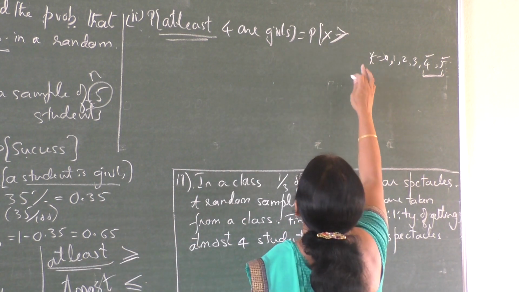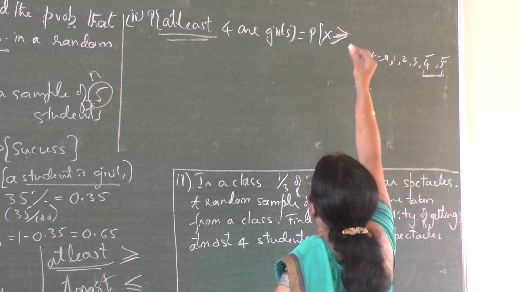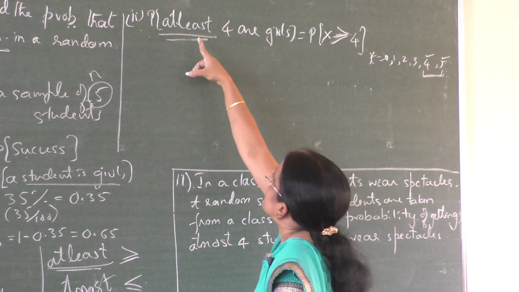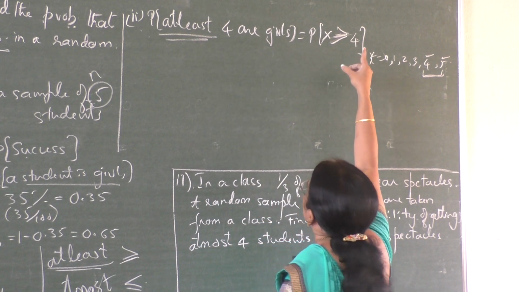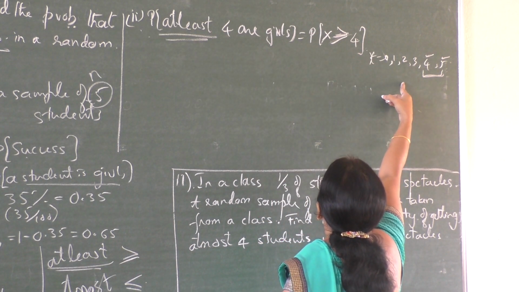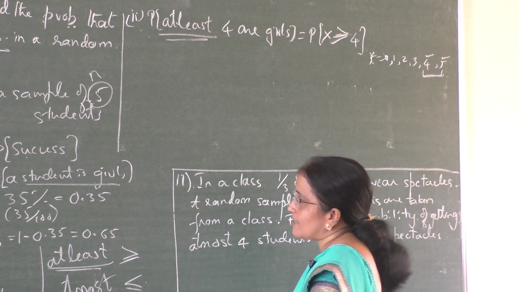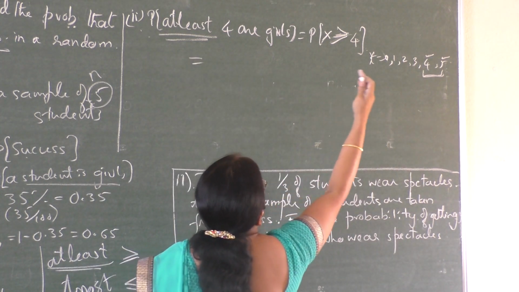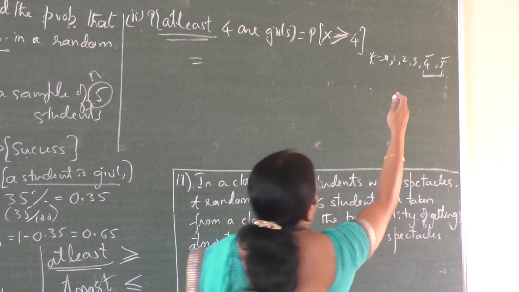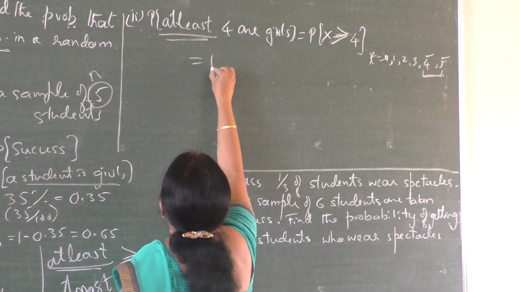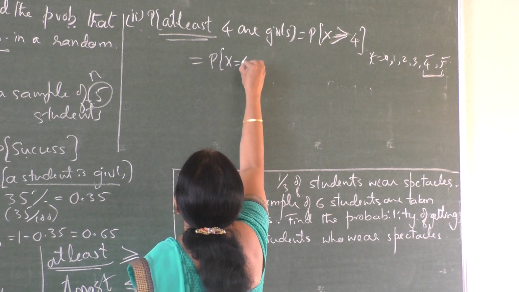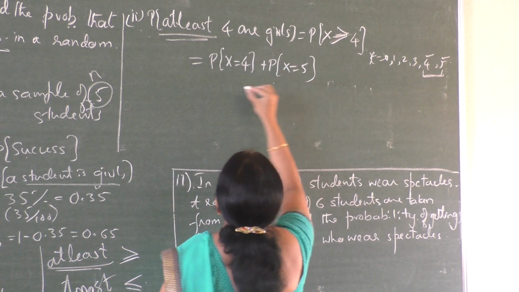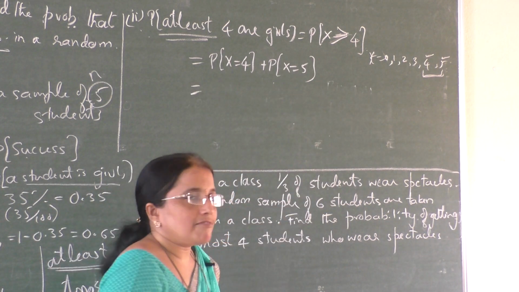Suppose there is at most, write less than or equal to, write down the range and decide which values we have to substitute. Now P of x greater than or equal to 4 is either 4 or 5, so we write P of x equal to 4 plus P of x equal to 5. This is how to decide the values of x.